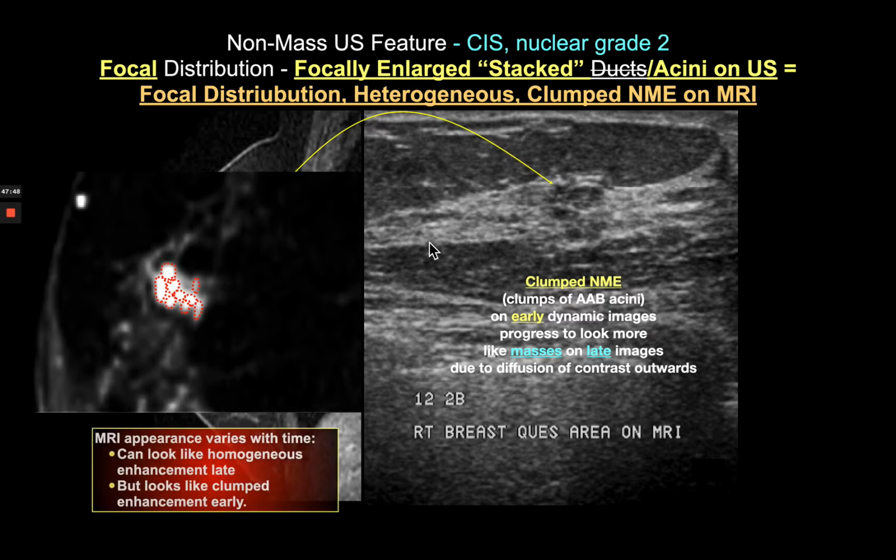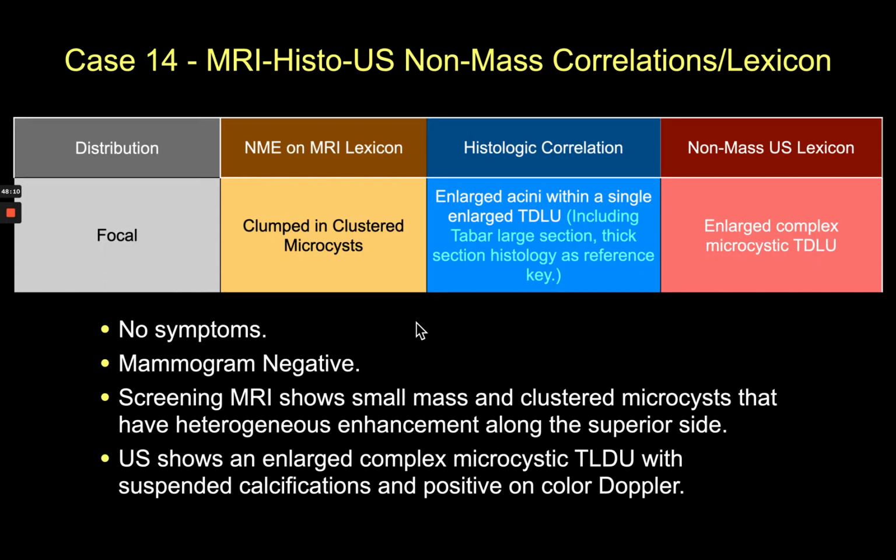Because as the contrast spreads over time, it's going to become more homogeneous and look more like a mass. So to really tell mass from very subtle non-mass clumped enhancement, it's important to look at early phase before the contrast is diffused out and prevents your ability to do it.